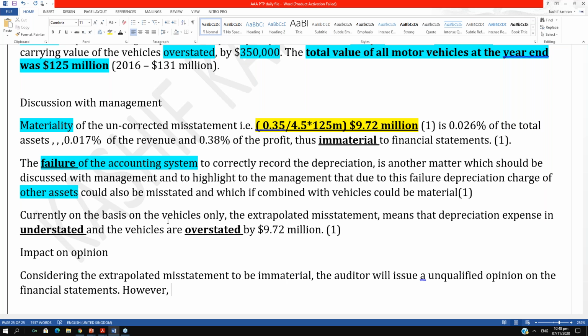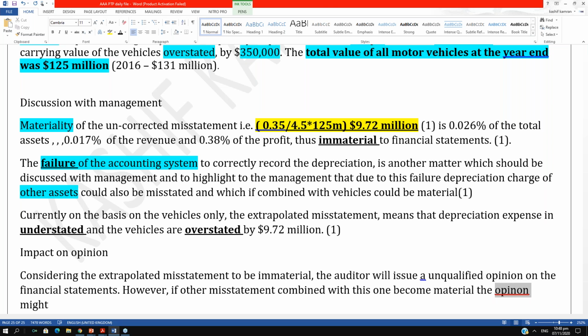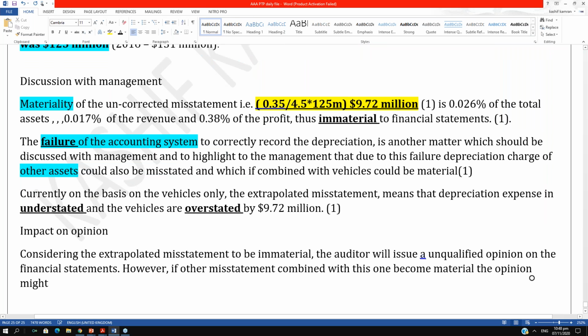However, if other misstatements combined with this one become material, the opinion might change. So currently for 9.72 million, do you all agree that the auditor will issue an unqualified opinion? But do you believe if other misstatements are combined with this one later, and this one becomes material, the opinion might change later? Is that true? We still need to solve the B part, we still need to solve the C part.